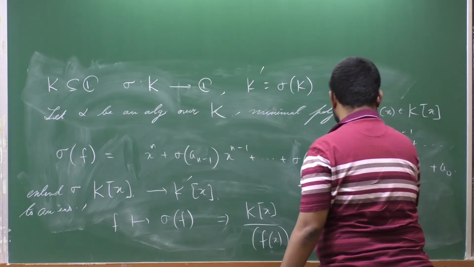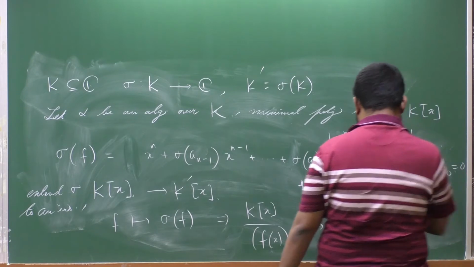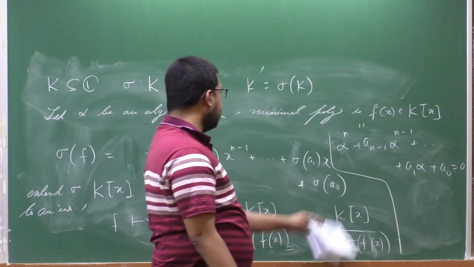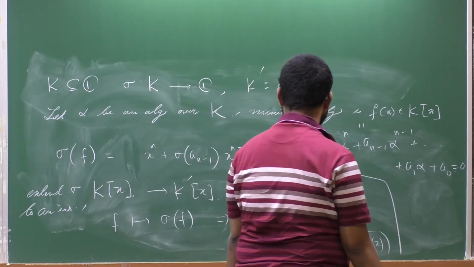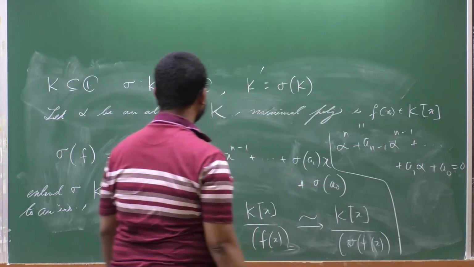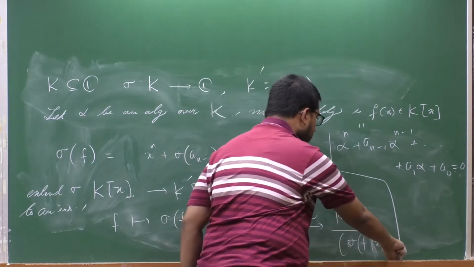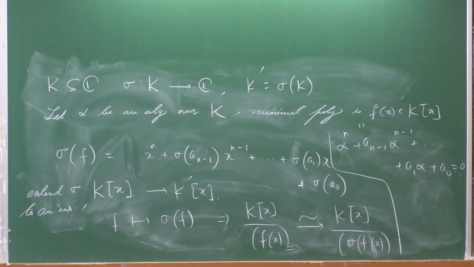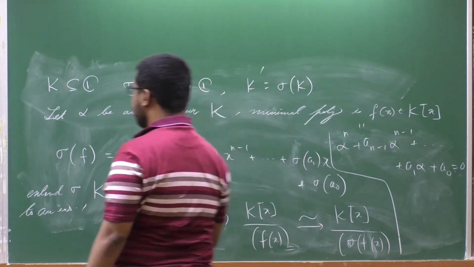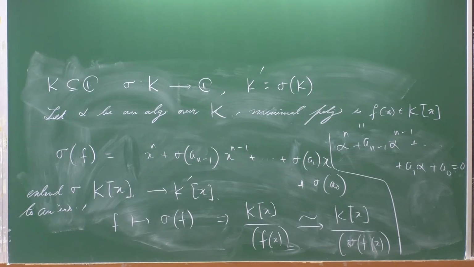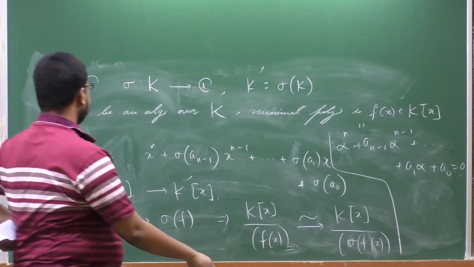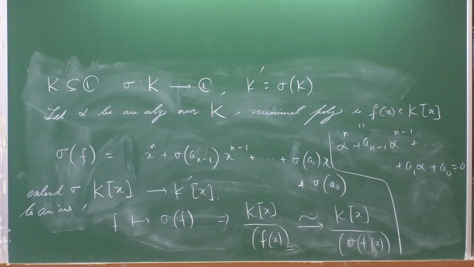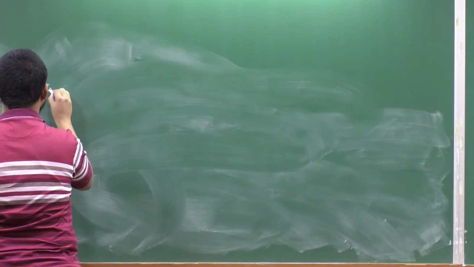Alpha is algebraic over K. This is a very crucial observation.